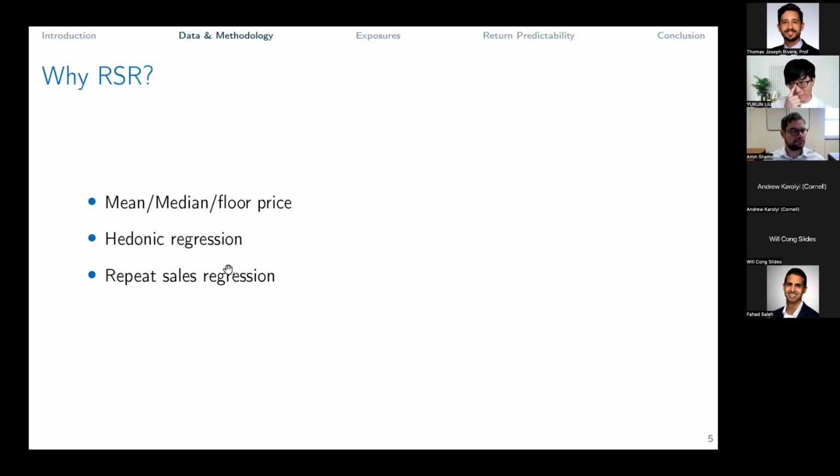Hedonic regression is another method you can use, essentially using the characteristics of the different kinds of underlying assets, for example, for houses, the square footage, or whether it has some amenities or not. But for NFTs, this is particularly difficult, although we're trying to do some extensions using hedonic regressions compared with the repeat sales regression.